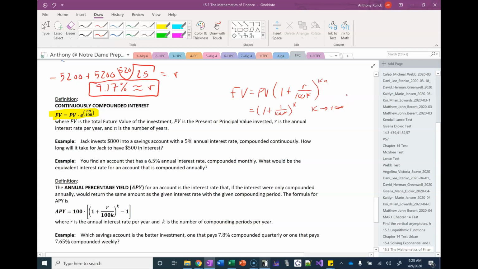That's what we're discussing when we say compounding every instant, is you have an infinite number of compounds per year.